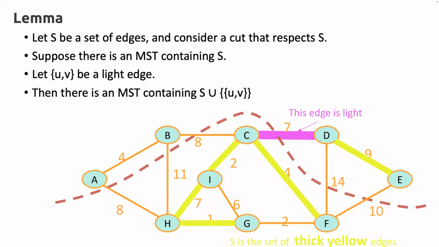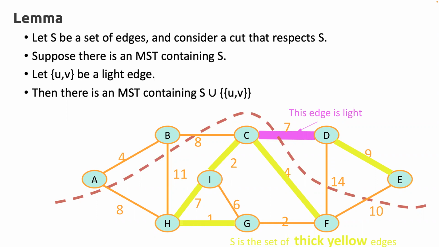Now, suppose there's a minimal spanning tree that has S. So the edges in S are part of the minimal spanning tree. So there could be more edges to get to the full tree, right? But the edges in S are going to be part of a minimal spanning tree. Then suppose we have a light edge UV.